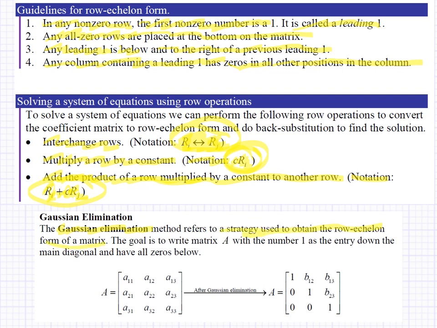Again, the goal of getting some random matrix that has a certain number of rows and columns into a diagonal of ones with zeros below and constants above. Notice that the diagonal is referring to a matrix that is square, where we have the same number of rows and columns.